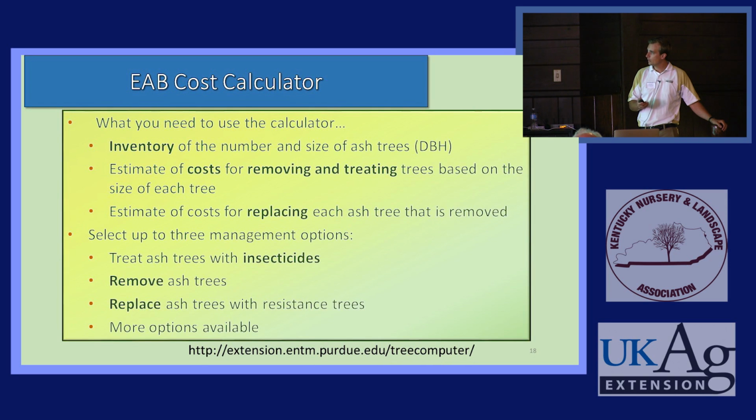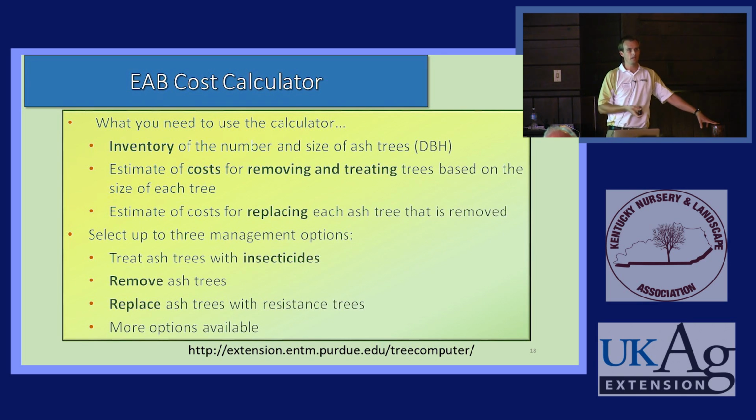What you need to use the calculator, first and foremost, is an inventory. Even if you're not going to use the calculator, I highly suggest you get an inventory. This will tell you what you're going up against. Some people might think, I've managed this golf course, I've seen ash trees out there, there's probably about 20, and they go out there and do an inventory and they go, oh, there's actually closer to 100.